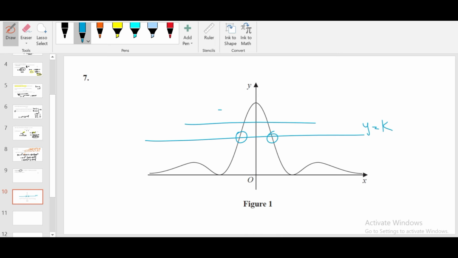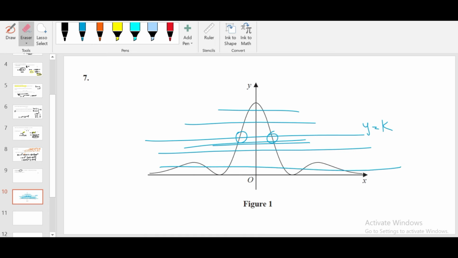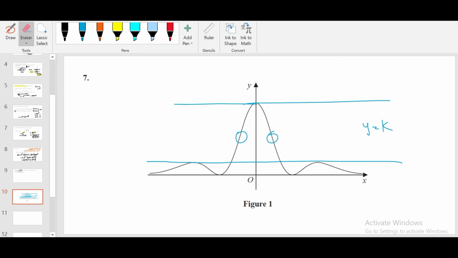So you can draw here, here, here, here, or here till this stationary point. If it goes below, it's more than 2 points. So you can draw anything between here, the stationary point, all the way to here, between these two lines.